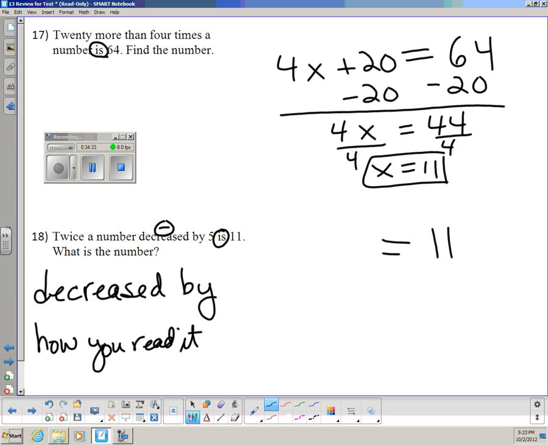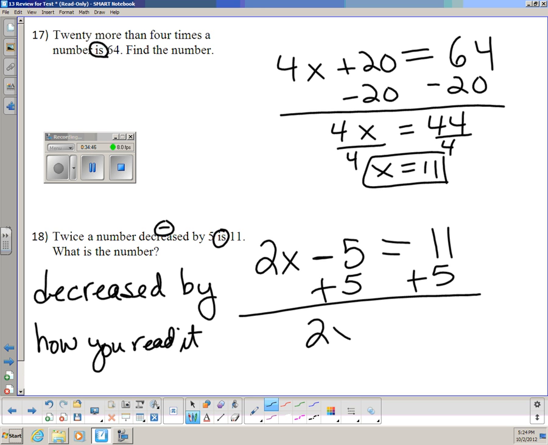Decreased means a subtraction, but it gets done in the order in which you read it. So twice a number, 2x, minus 5 equals 11. Add 5 on both sides. I get 2x equals 16. Divide by 2 on both sides. X equals 8. That's your number.